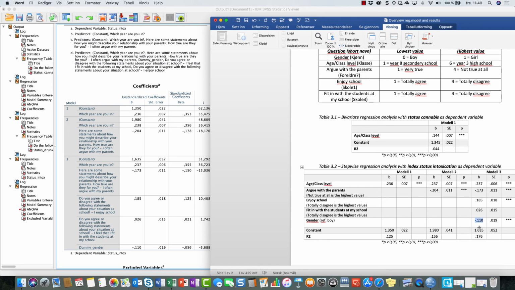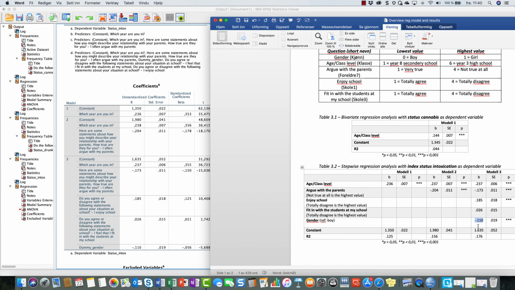So girls think it reduces your social status to get intoxicated, or said the other way around, boys think it increases your social status to get intoxicated. So there's a clear gender difference, and it's boys who think it increases your social status more to get intoxicated.